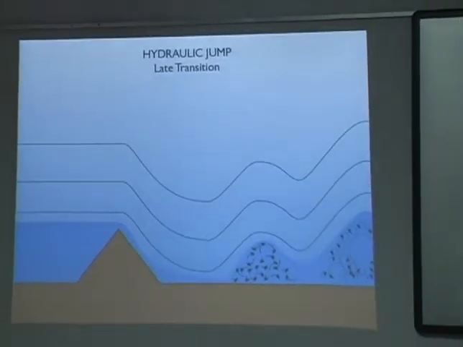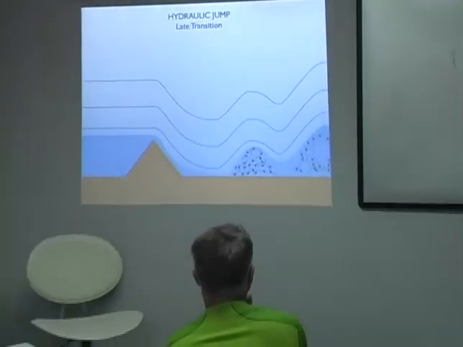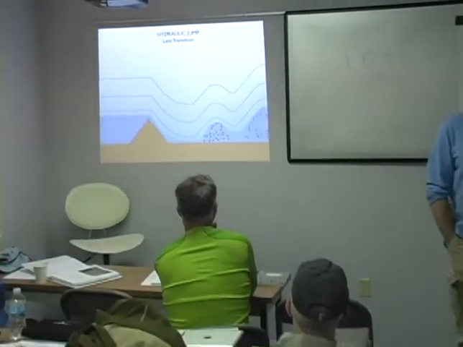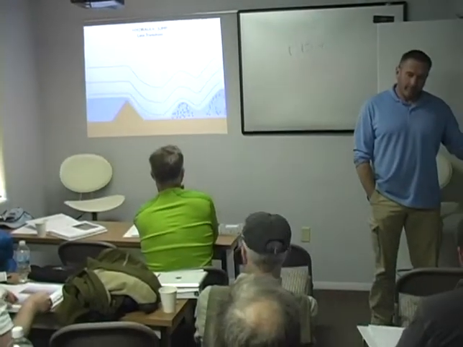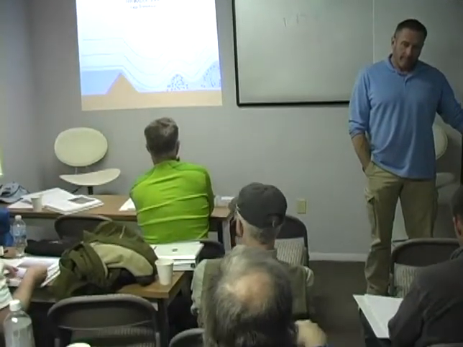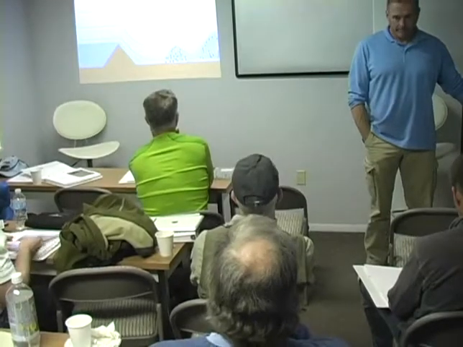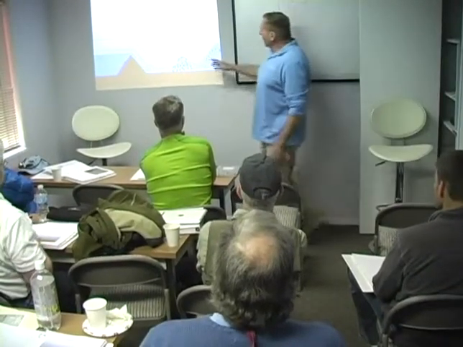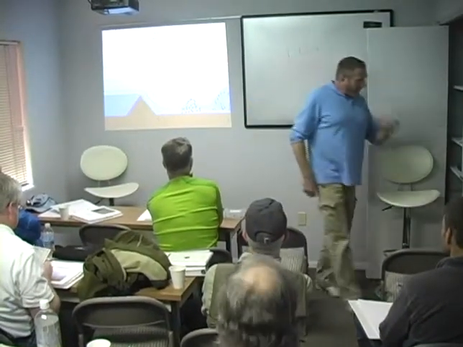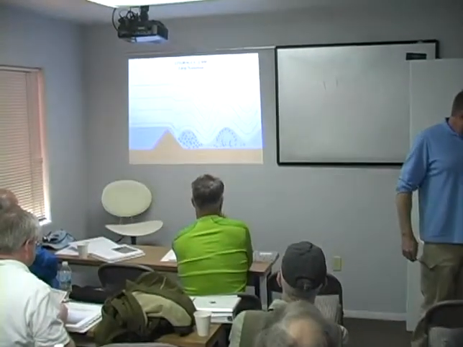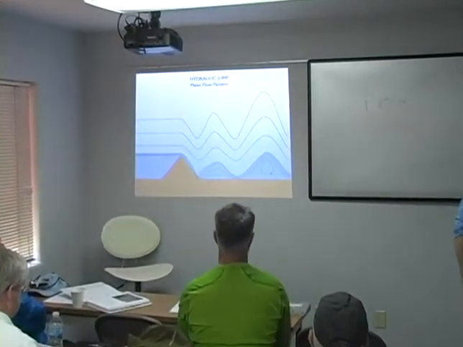Does that bubble of turbulent air formed from the jump enough of a bubble to cause acceleration of the air over top of it? Absolutely. So a lot of times, let's go back to the other one. Kind of looks like it.